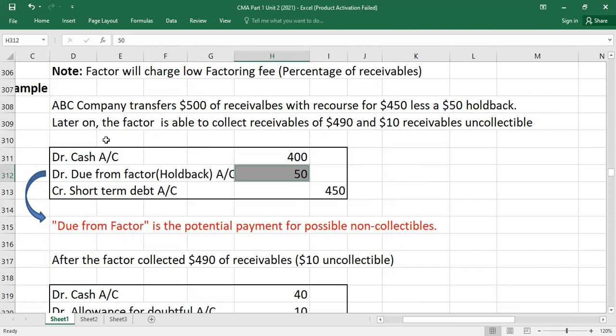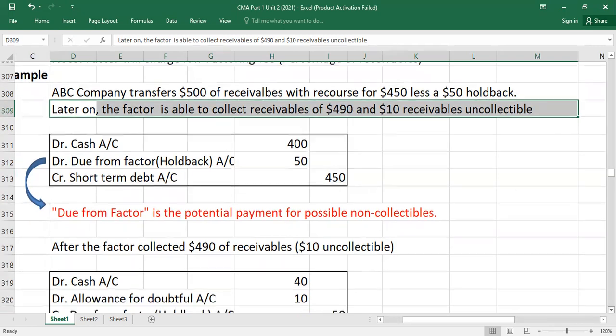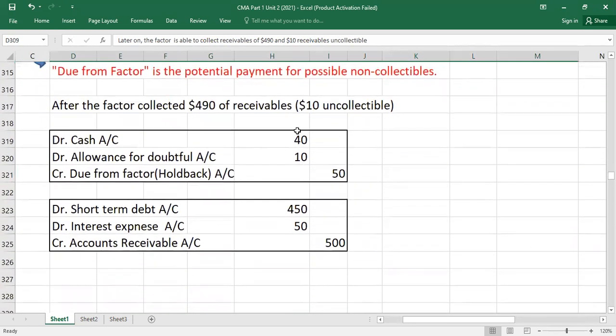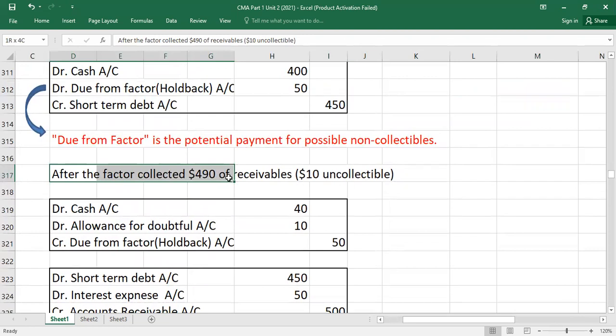Now I'm going to do the entry for the second part of the question. Later on, the factor is able to collect receivables of $490, and $10 of receivables are uncollectible. So after the factor collected $490 of receivables and $10 are uncollectible, what entry will we pass?